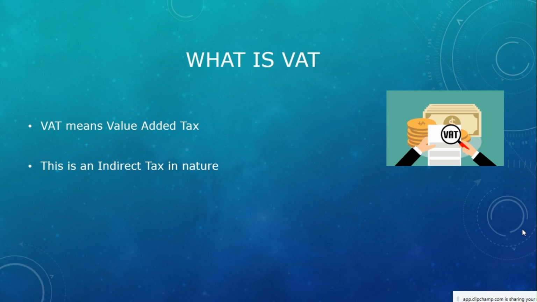So direct tax means you are directly paying to the authorities, and with indirect tax the person collecting the tax is not the authorities, it is a middleman. If there is a middleman involved, then that tax will become indirect tax. If there is no middleman and you are paying directly to the authorities, then it is direct tax in nature.